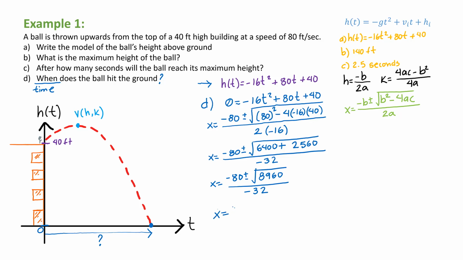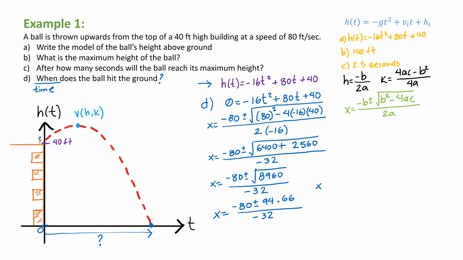Okay. X equals minus 80 plus minus the square root of 8,960, which is 94.66, over minus 32. Okay, here is where we divide into answers.